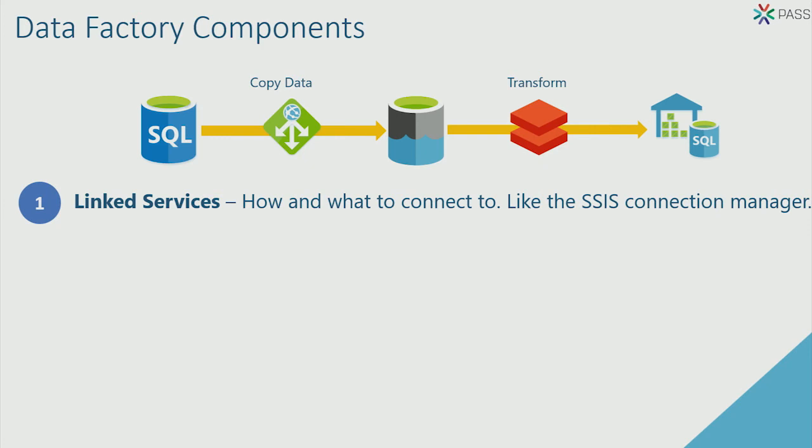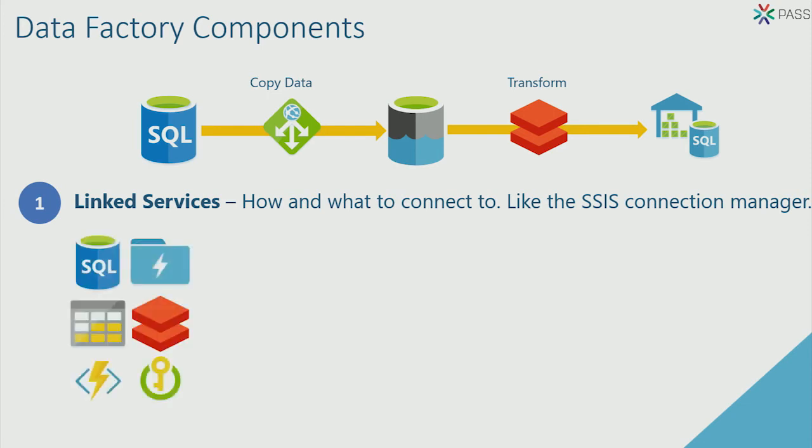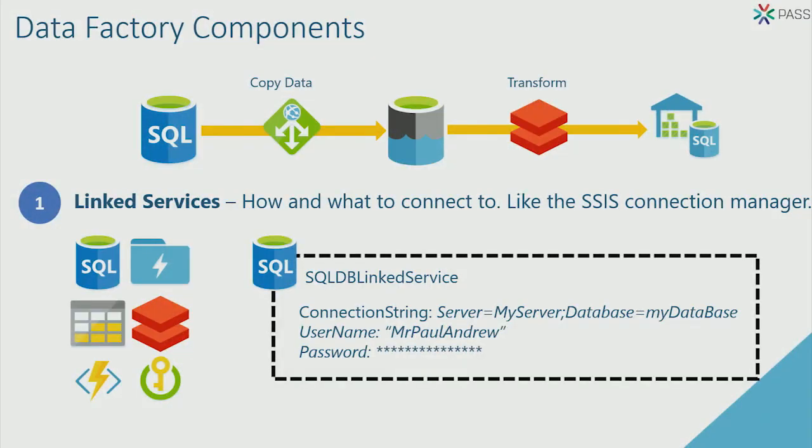Are we fans of SSIS in here? Yeah, good. We're among friends, we can admit this. And we can use a linked service within Data Factory to authenticate against something. The linked service may give us the host name, the credentials, whatever, the bits of information to authenticate.